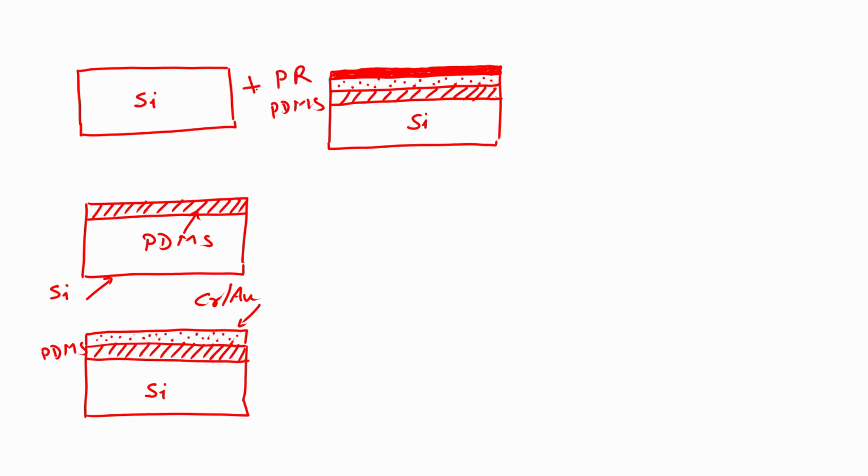I will say it is positive photoresist. After spin coating photoresist, what is the next step? Next step is I will go for soft bake. Soft bake is done at 90 degree centigrade for 1 minute on a hot plate.